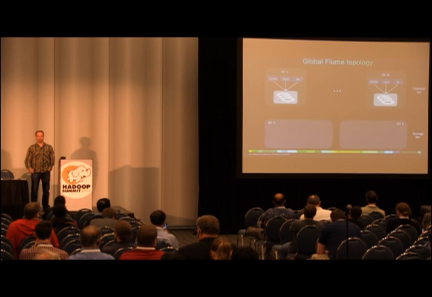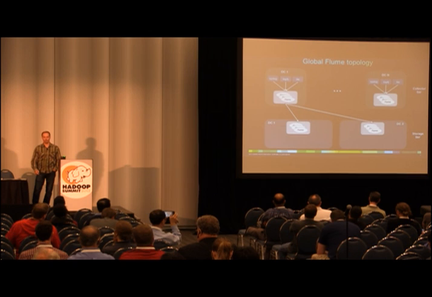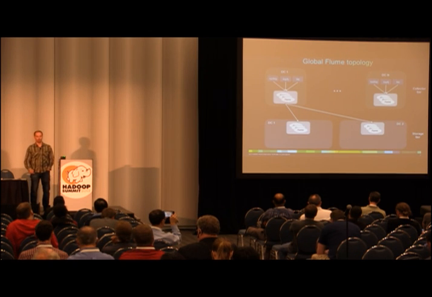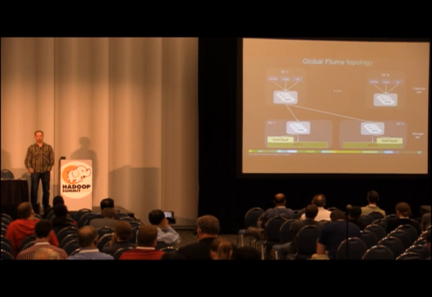From there, it's streamed to the storage tier that's in 2 data centers for redundancy. Each collector tier Flume streams data to 2 storage tier data centers, where it stores to HDFS and SolrCloud.